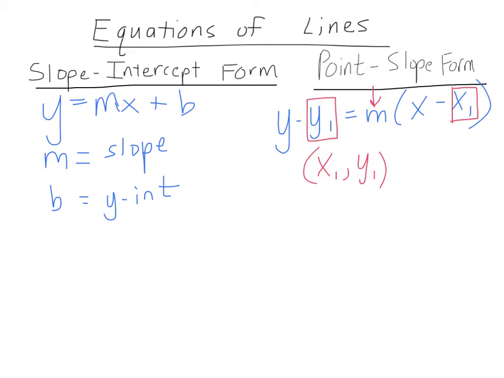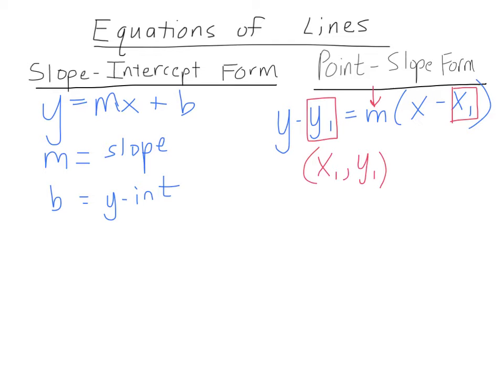So everything else, this y minus, the equal sign, these parentheses, and the x minus, that structure needs to be in every single one of your formulas. And you'll see more what I mean in the examples that I do in the future pages.